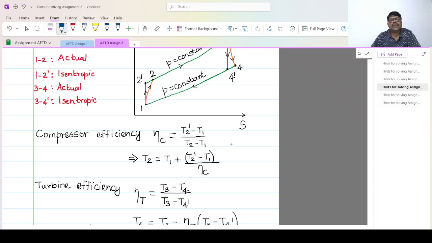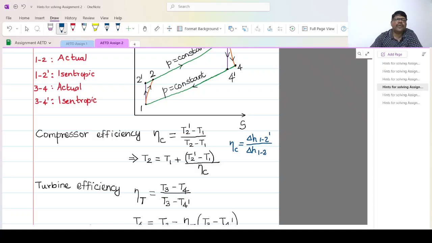So eta C can be written as the enthalpy change, that means delta H, during the process 1 to 2 dash, that means the isentropic compression process, divided by delta H during the process 1 to 2, that means during the non-isentropic process. Okay, so in this way, I can define the isentropic efficiency of the compressor.